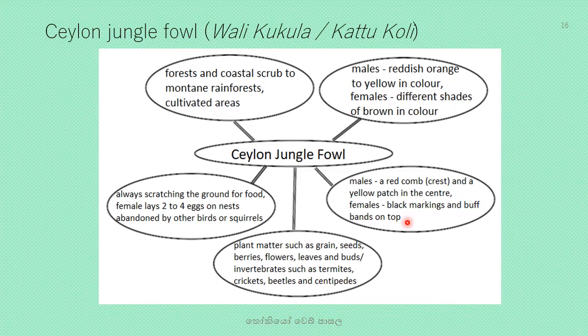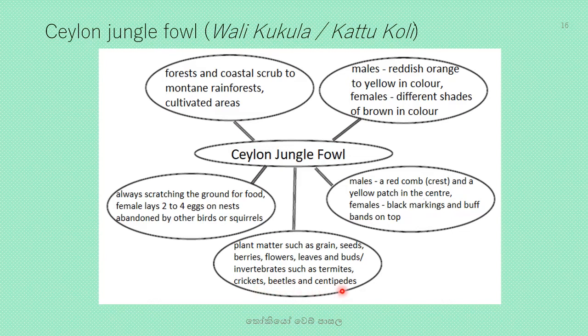And then we had to find what foods they consume. So here I was able to find that they eat plant matter such as grain, seeds, berries, flowers, leaves and buds, and invertebrates such as termites, crickets, beetles, centipedes.